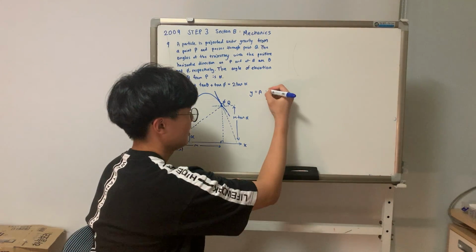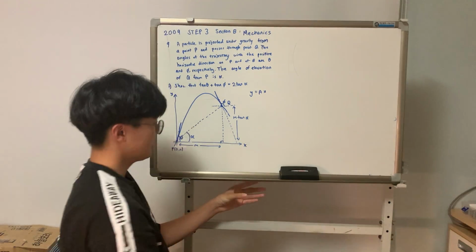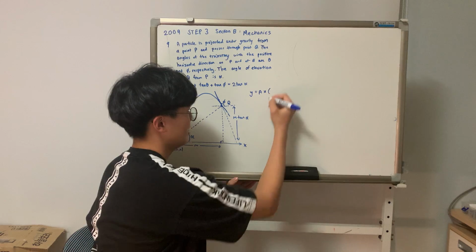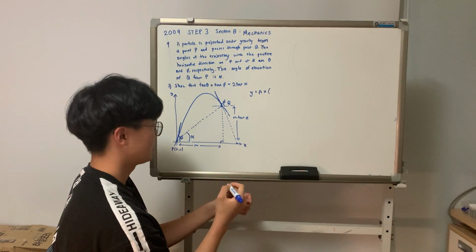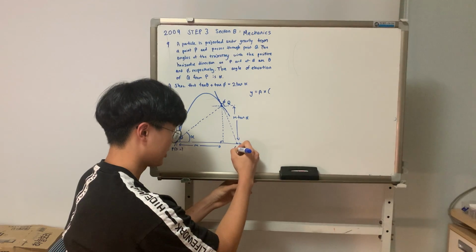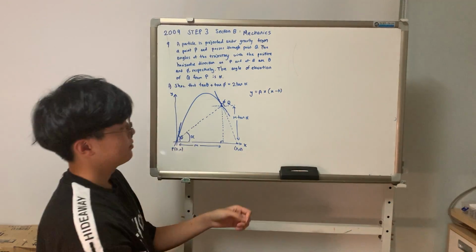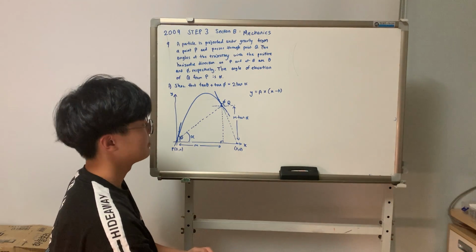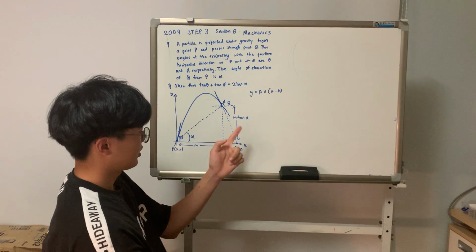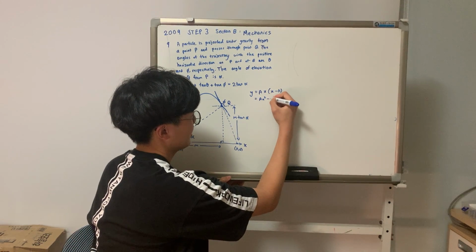And we do know that it has an x-intercept of 0, so it's going to be x times some point here on the x-axis that we don't know yet. I'm going to define this point as k, 0, and say it's going to have a factor of x minus k because it has an x-intercept at point k. If we expand this term we get something that looks like this.